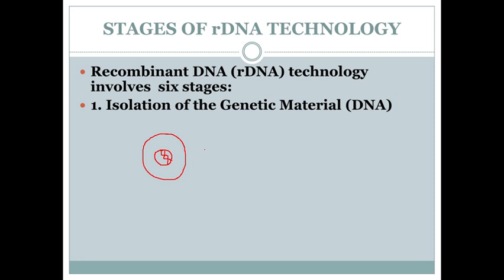For this, the cells from where we obtain this DNA are treated with different types of enzymes so as to break open the cell wall, cell membrane, nuclear membrane, etc. And all biomolecules excepting the DNA are also to be digested, and for that purpose enzymes are added so that all other biomolecules are digested excepting DNA, which we want to isolate.